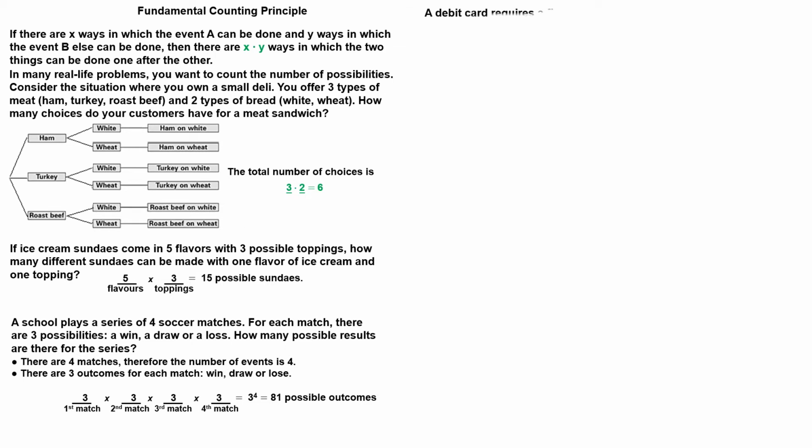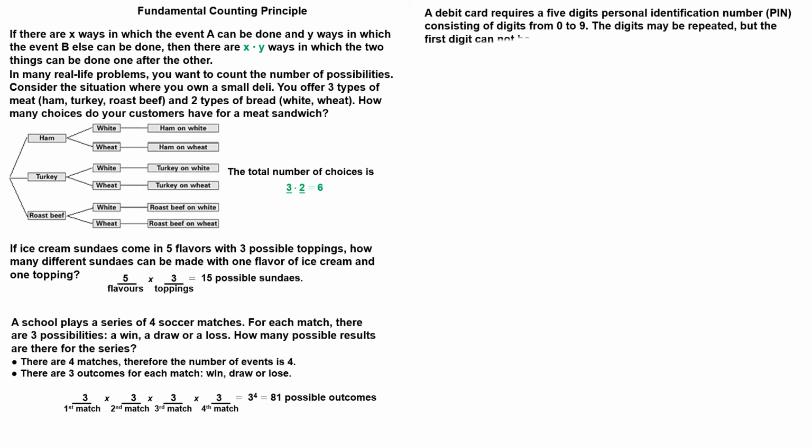A debit card requires a 5-digit personal identification number, PIN, consisting of digits from 0 to 9. The digits may be repeated, but the first digit cannot be 0. How many possible PINs are there? A debit card requires a 5-digit PIN.